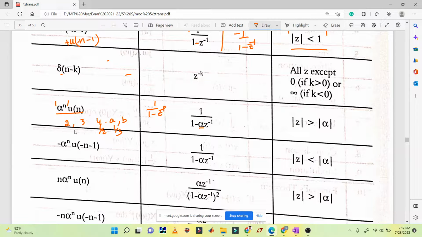If you are given 1 divided by 1 minus 1 by 3 Z inverse, what is the inverse Z transform? It is 1 by 3 to the power n into u of n, because this is a standard pair. Are you able to understand this? Please let me know, because based on this only we are going to solve problems.